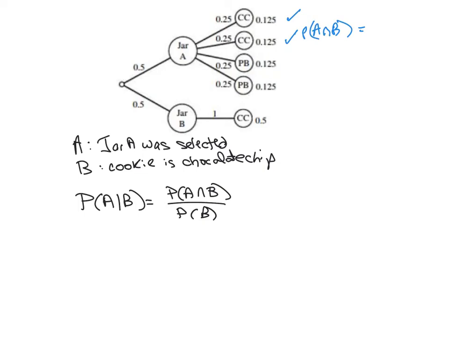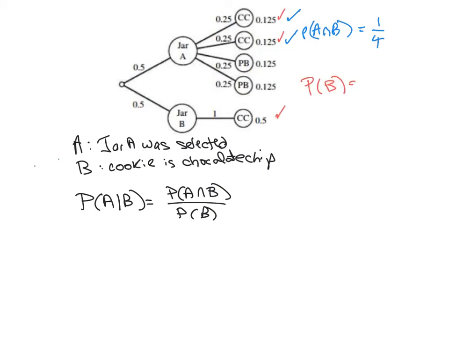Here I've marked off the 2 items that are in the intersection of A and B, that jar A was selected and we came up with a chocolate chip. They are 2 with probabilities of 1/8 and 1/8, which add to 1/4.